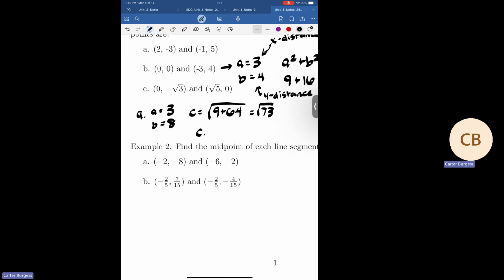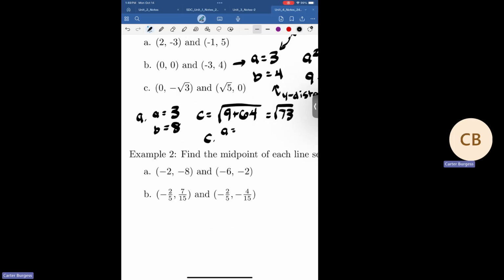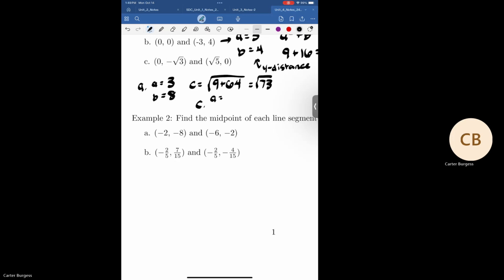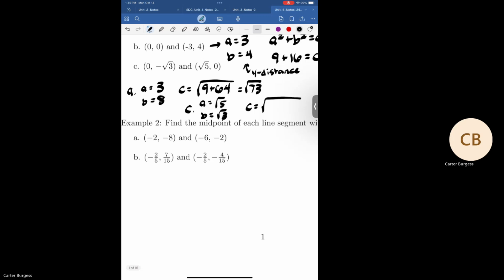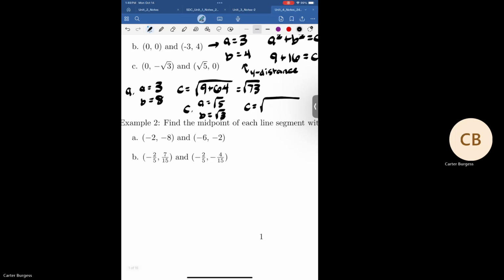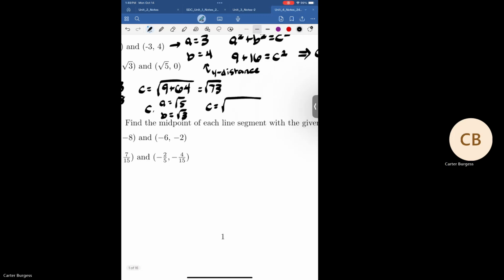And then for C, what is our x displacement? You can do it in either order. Very good. And so in this case, we get that this is equal to the square root of 5 squared plus the square root of 3 squared.